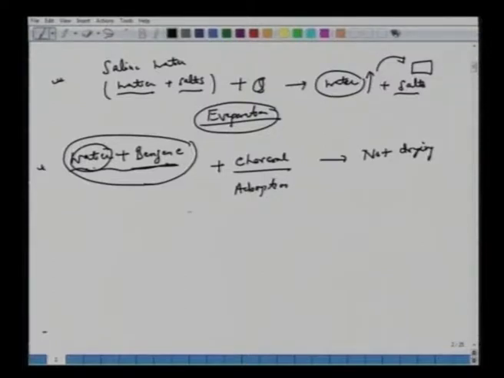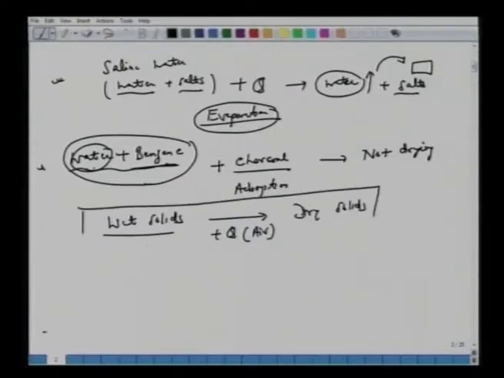What we are doing in drying is again talking of wet solids and making them dry solids by supplying heat, mostly through hot air. So this would be the most common scenario we are going to discuss in this course. Wet solids, so let's say we have zeolites, we have sands, we can have grains.